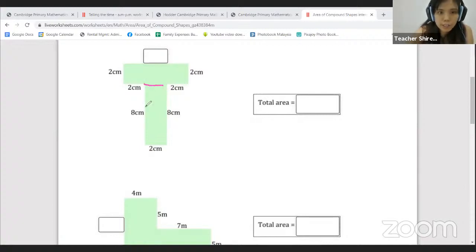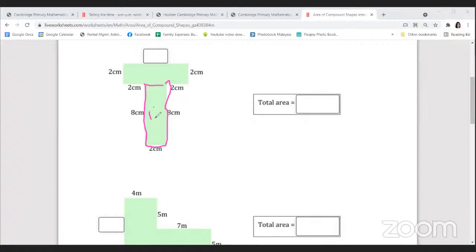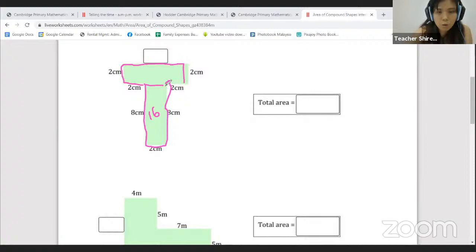Now I know here is 8 by 2. 8 by 2, it's 16. Now here, that's the question. How do I know? This is 2 by what? It didn't say. So you know here it's 2, here is 2, here is 2, here is 2, 2, 2.